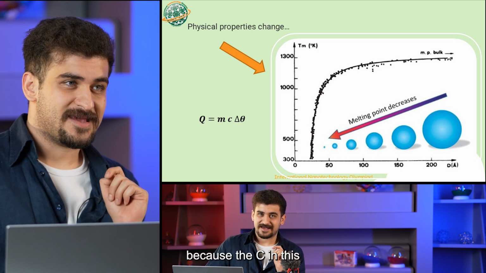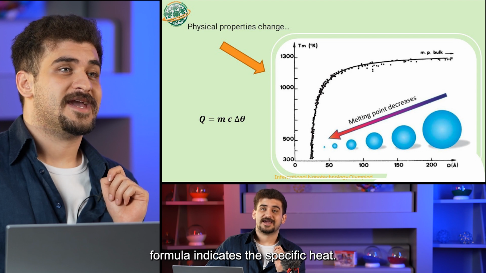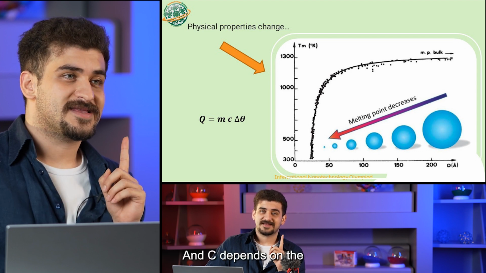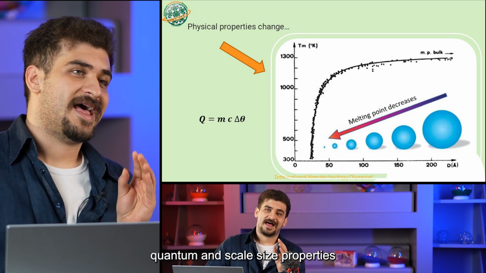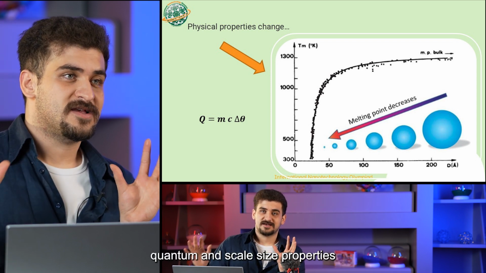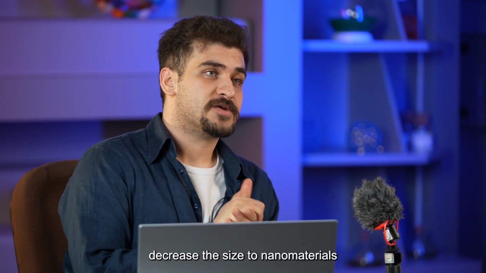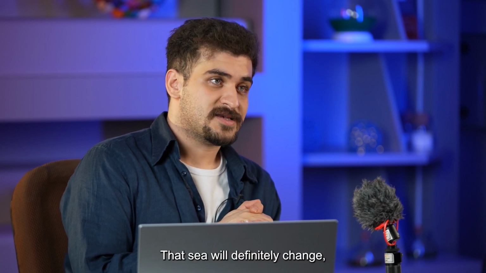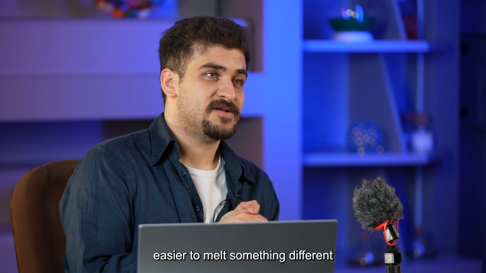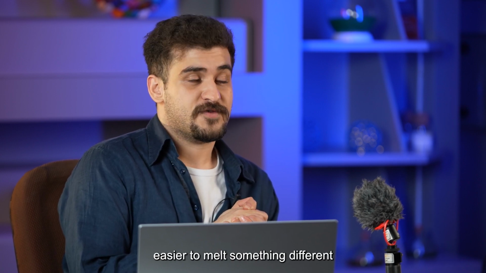Because the C in this formula indicates the specific heat, and C depends on the quantum and scale-sized properties of the material. So if you decrease the size to nanomaterials and nanoscales, that C will definitely change, making it so much easier to melt something from its bulk to its nano size.